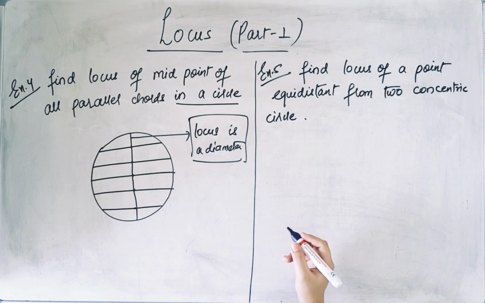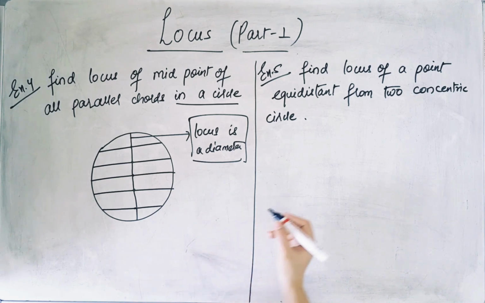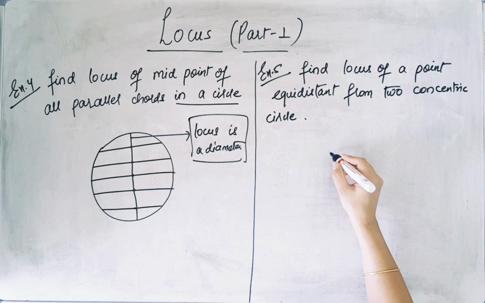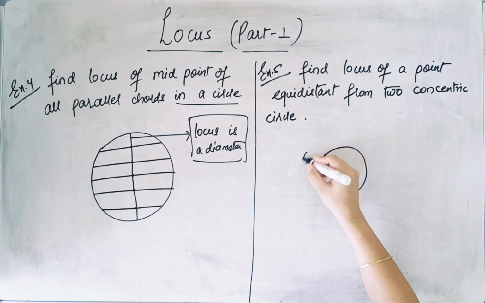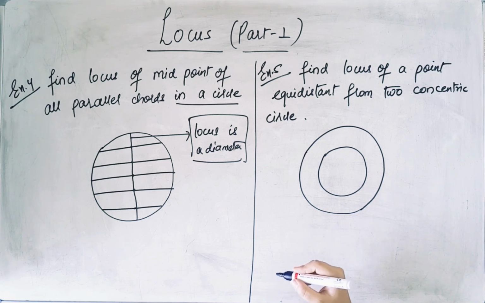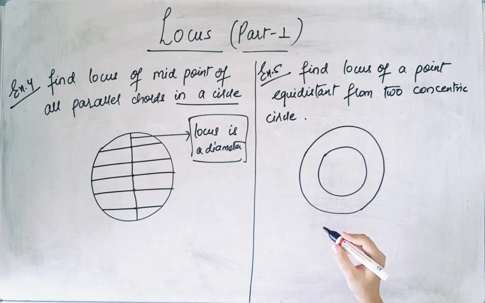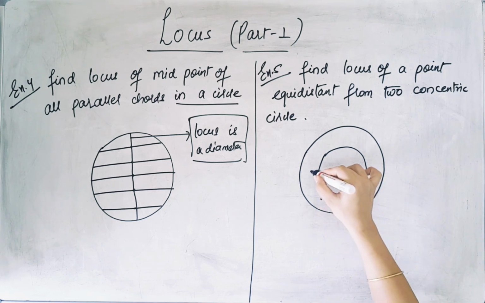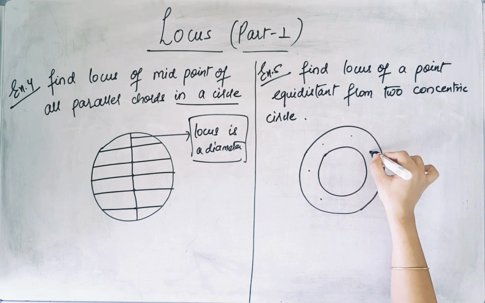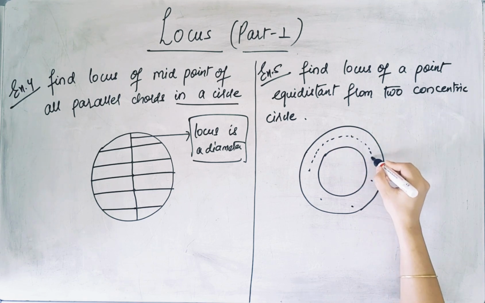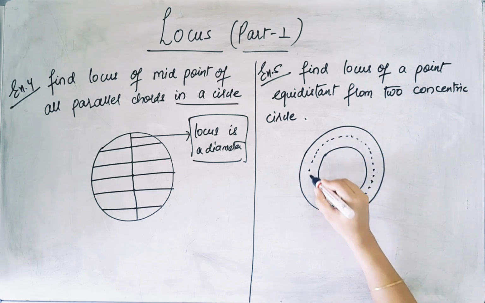See the next example which we have over here. Locus of a point equidistant from two concentric circles. Two concentric circles are given to us. तो concentric circle से equidistant मतलब that point will lie midway between the circles. Now if I construct it, so here locus is what?